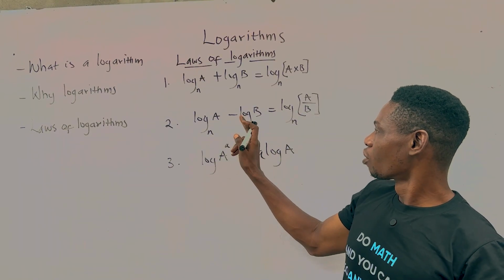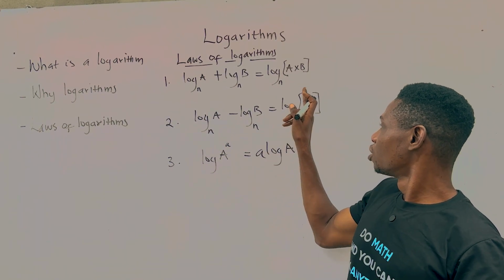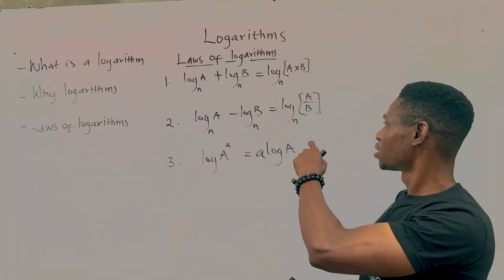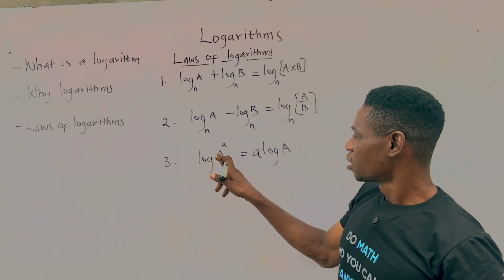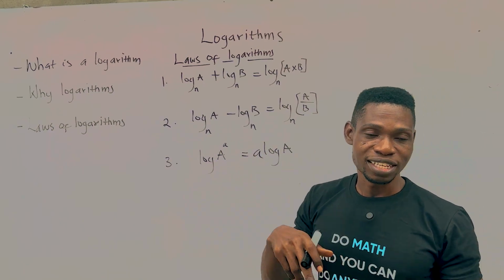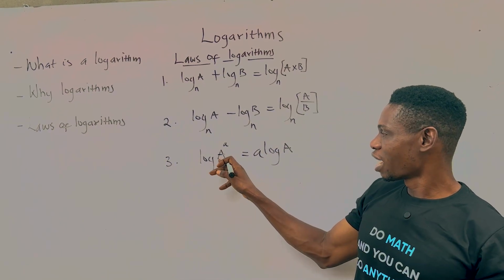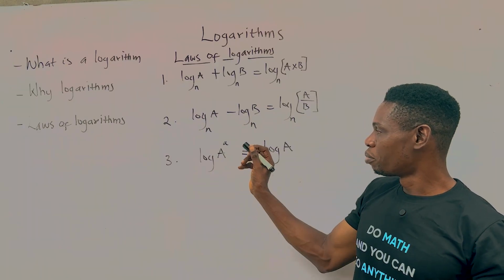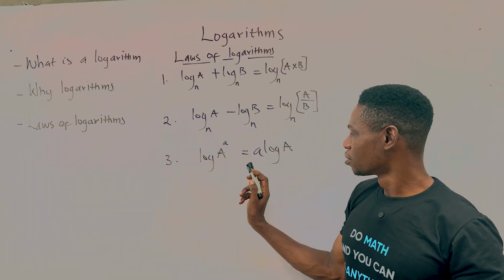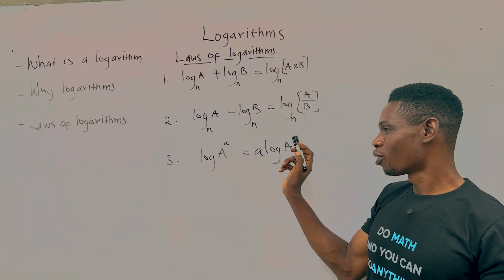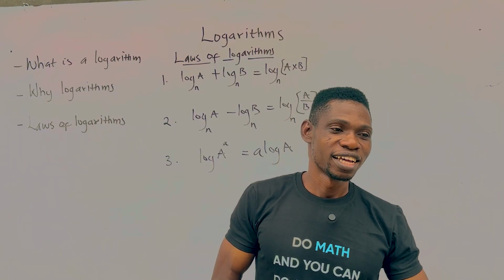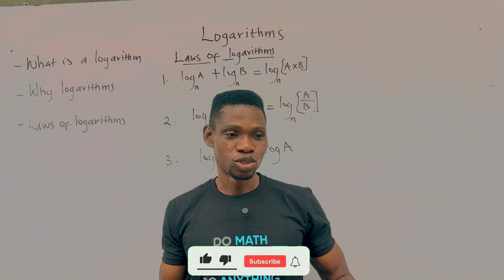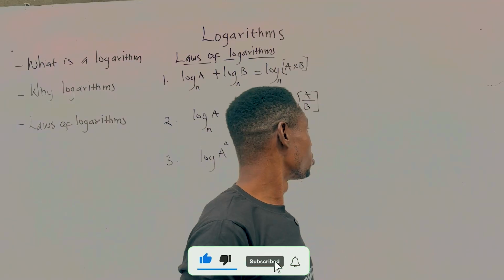When subtracting logarithms of the same base, you divide the arguments in this manner. And the third one: if the argument of a log has a power, say a power of a, you can bring the power forward and then you have a log A. All right, so before we proceed, let's do one or two examples and then we proceed.